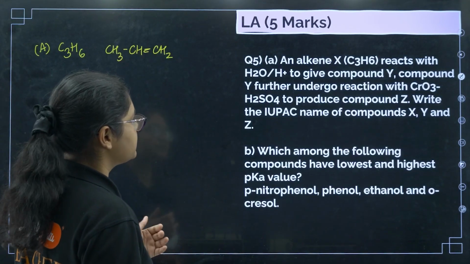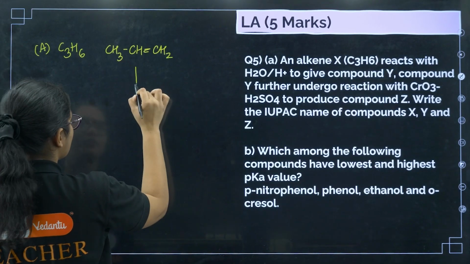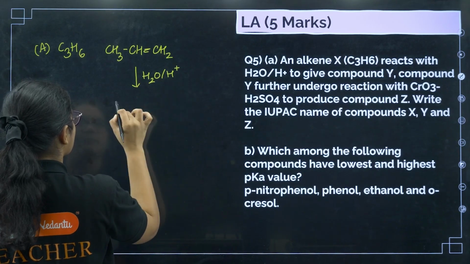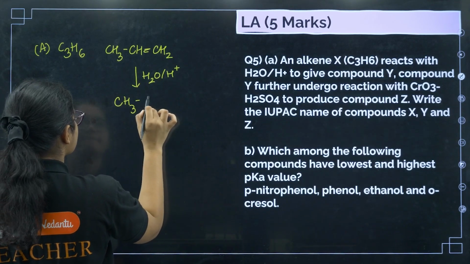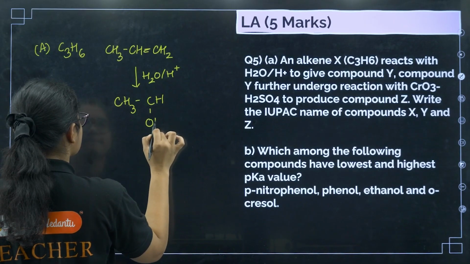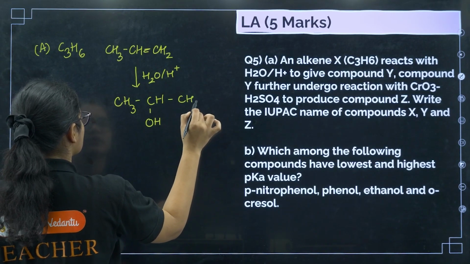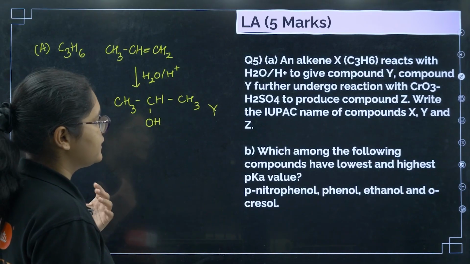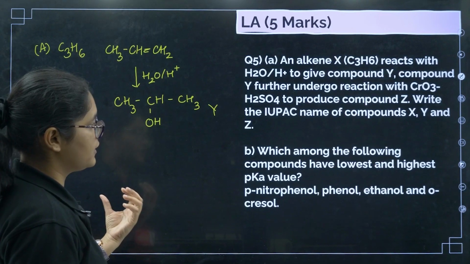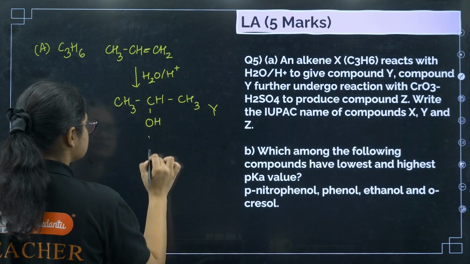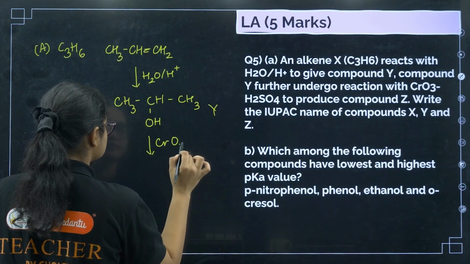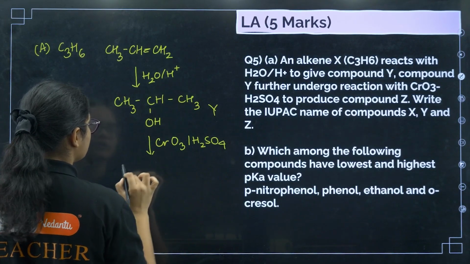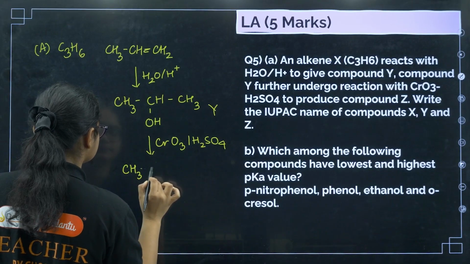Okay, it reacts with H2O and H+ to give compound Y. So that will be this one, compound Y. Next, it reacts with CrO3 and H2SO4 to produce compound Z.